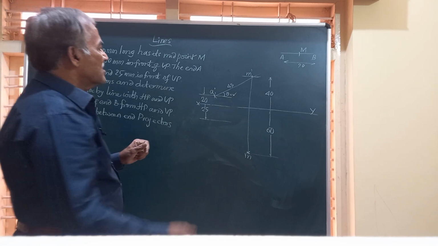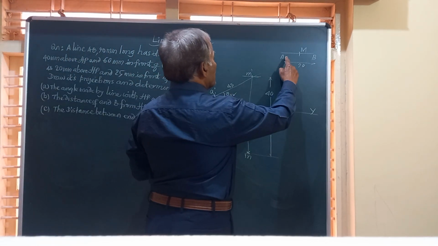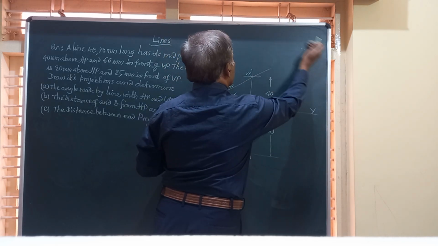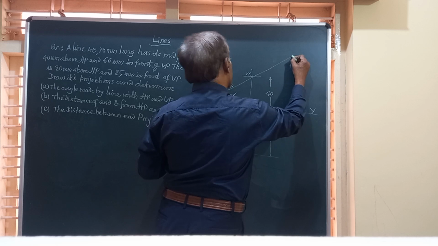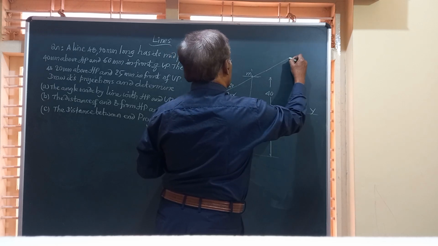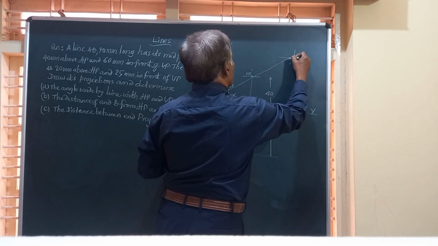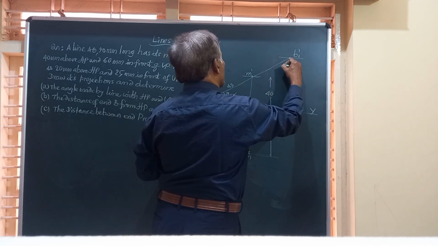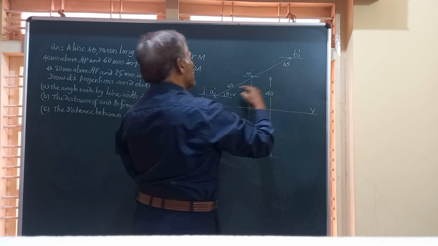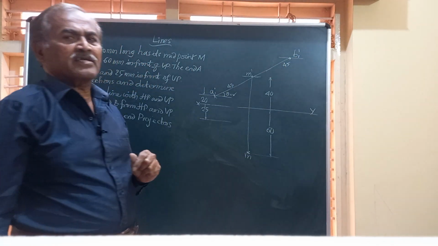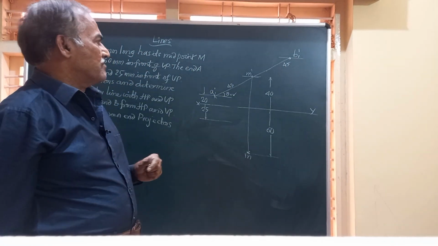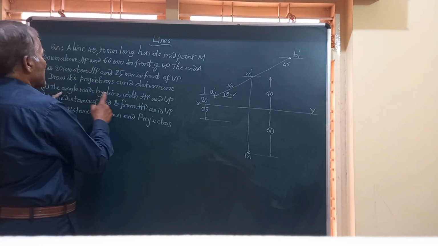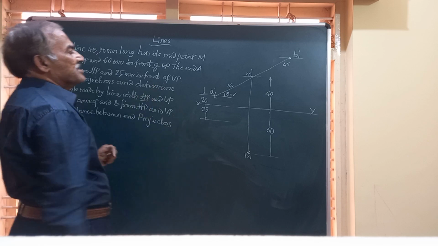Similarly friends, now since you have the projection of only half of this, you can extend it further by the same length, that is 45 millimeter, and you obtain the other end of the line, represented by B1 dash, which is also equal to 45 millimeter. So this is the total length of the line, which is equal to 90 mm, and we are able to find out theta, that is the angle made by the line with HP.